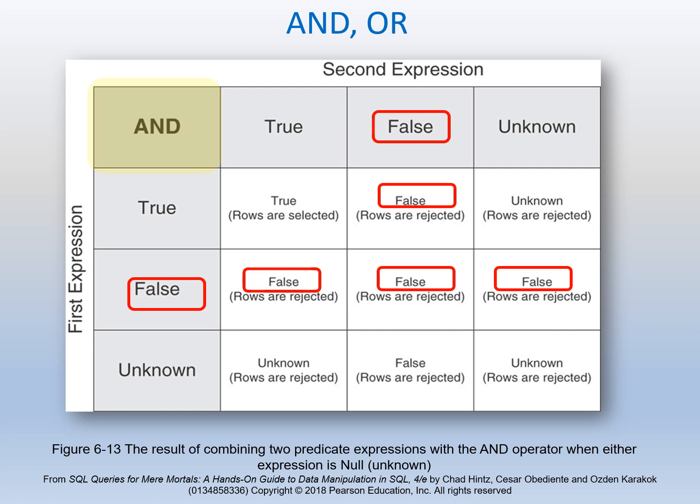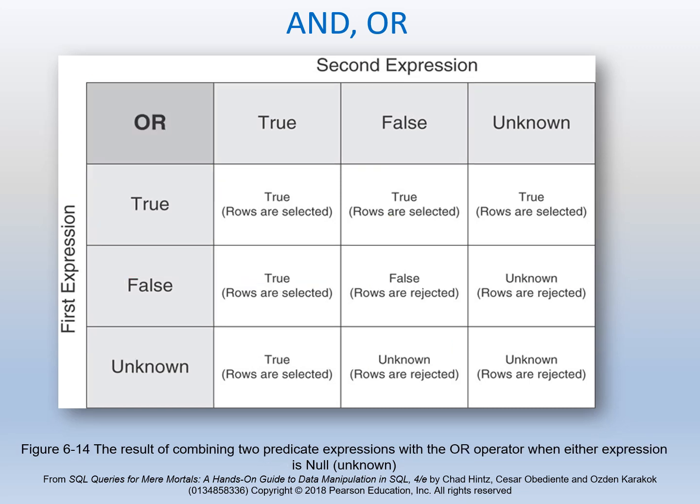Because of the AND operator, you must have both sides evaluate to true or both sides evaluate to false. Now, if one side evaluates to unknown and one side evaluates to false, again the total evaluation is false. But if one side evaluates to unknown and the other side evaluates to unknown, then the total evaluation is unknown.